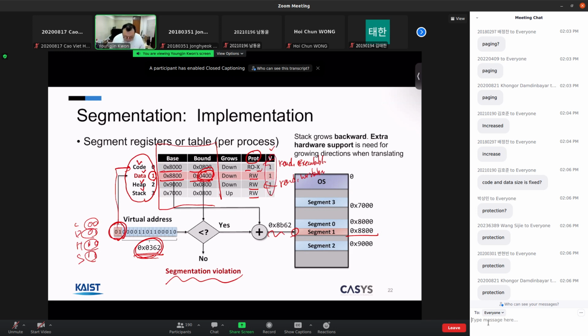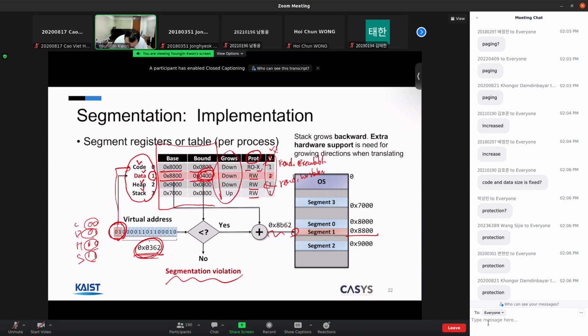Valid is the operating system's state. When validity is 0 the first time, a segmentation violation happens and the operating system handles it. So let's not talk about validity.